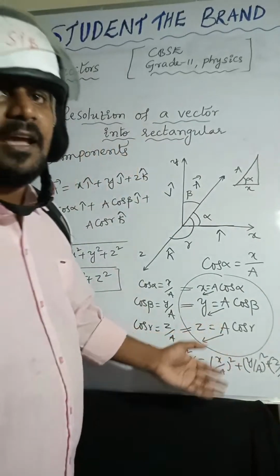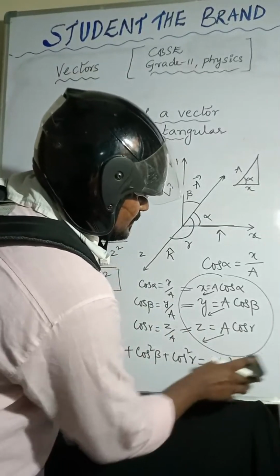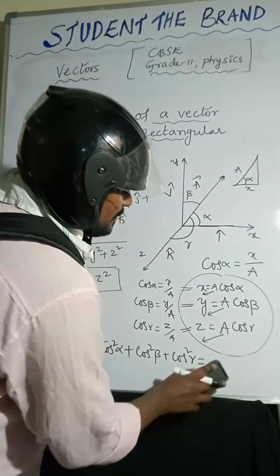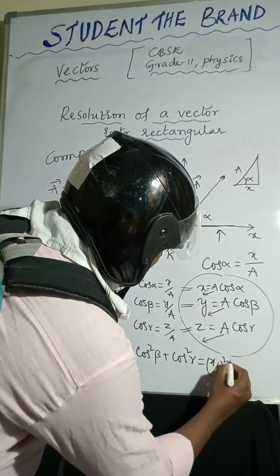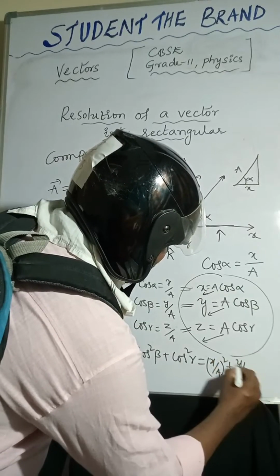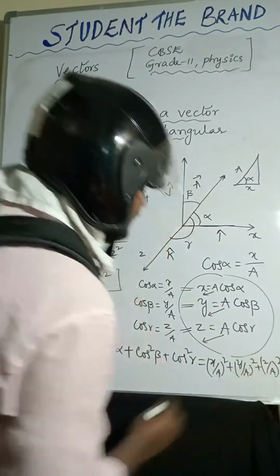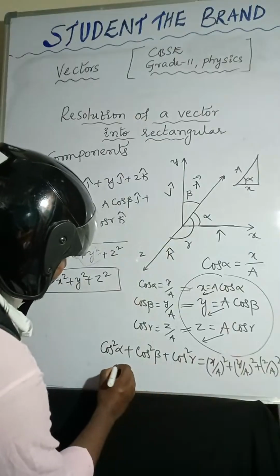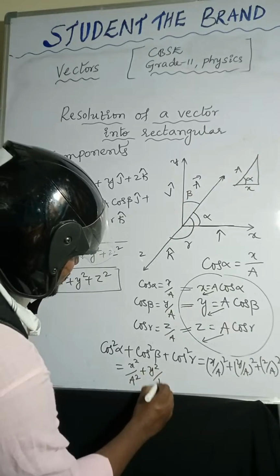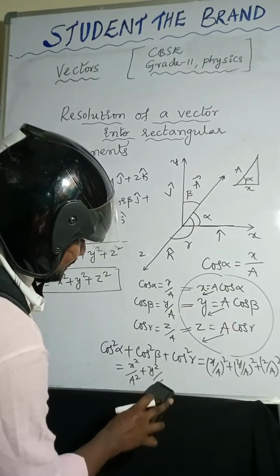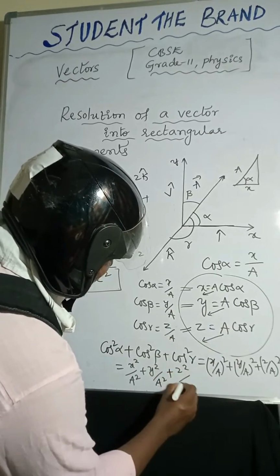So we get x square by a square plus y square by a square plus z square by a square.